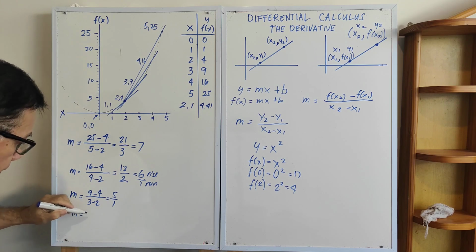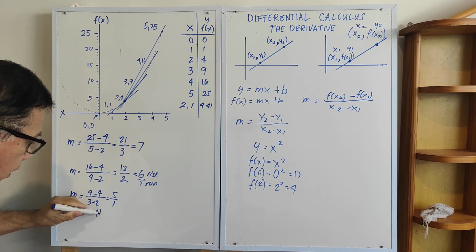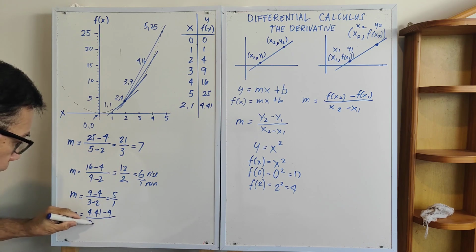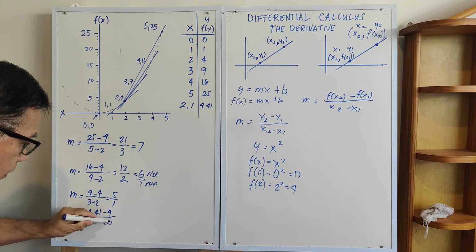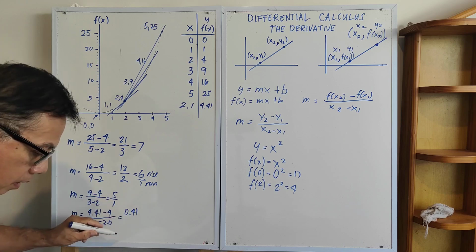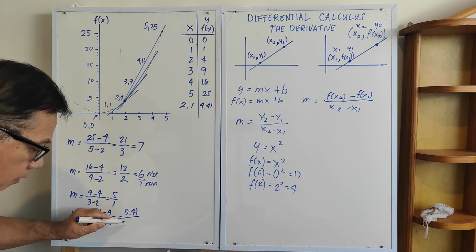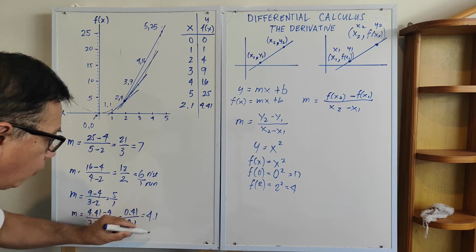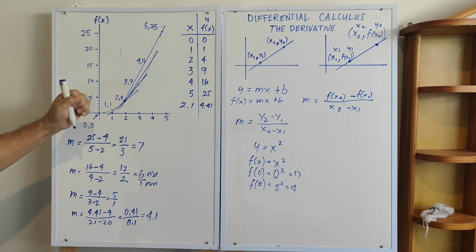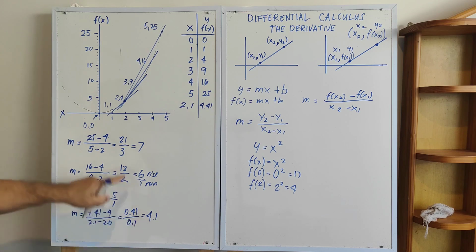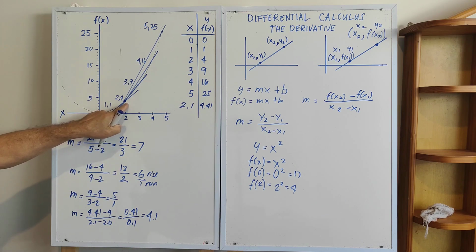Your slope at that point would be 4.41 minus 4 over 2.1 minus 2. That would be 0.41 over 0.1. That's 4.1. So it will be close. Now if you notice, it gets closer and closer to 4.